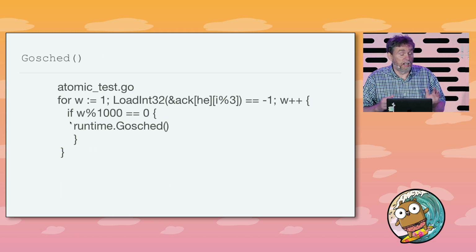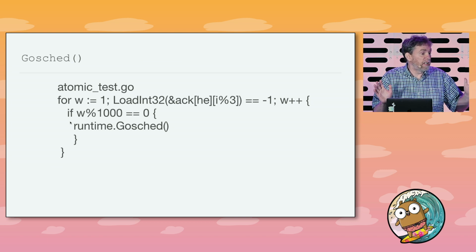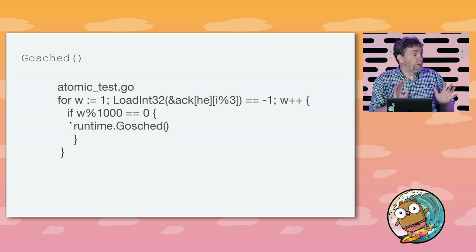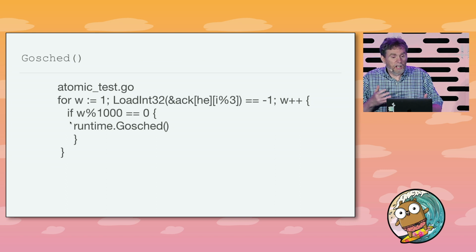Gosched. So remember what that does. It yields the processor to some other goroutine. Which goroutine? Well, we don't know. Let the scheduler decide, but anyway, we're not going to run anymore. Why would you need that? So here's an example. This is in a test, but I think similar cases can be found elsewhere.